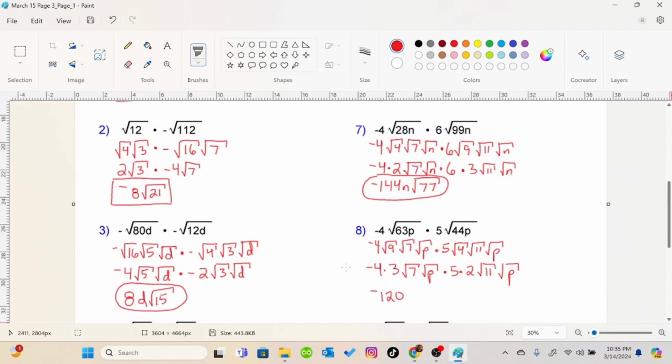The square root of p times the square root of p is p. And the square root of 7 times the square root of 11 is the square root of 77. So our final answer is negative 120p times the square root of 77.